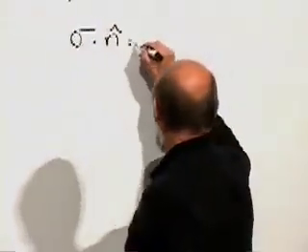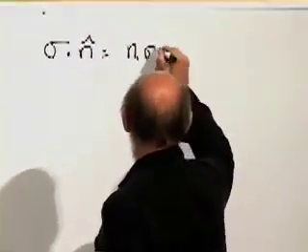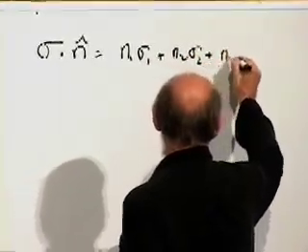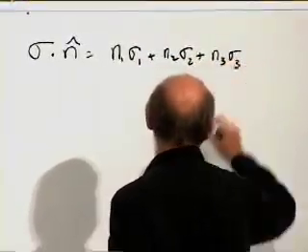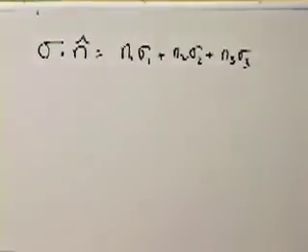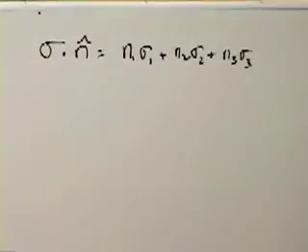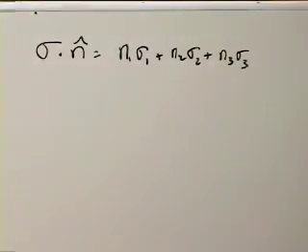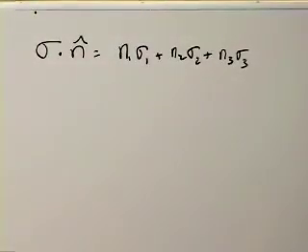By definition this is n1 sigma 1 plus n2 sigma 2 plus n3 sigma 3. But now each of the sigmas is itself a matrix. The n's are just numbers, the direction cosines of some direction.